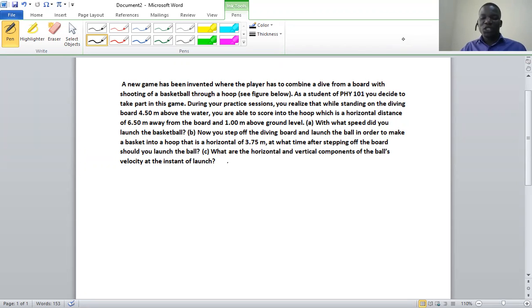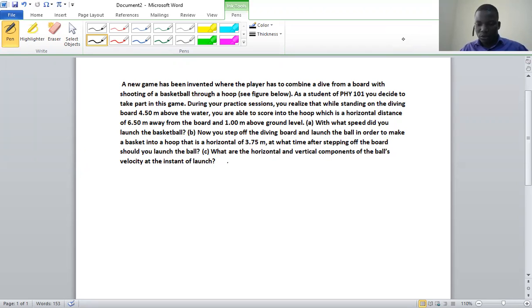Let's solve this question now. A new game has been invented where the player has to combine a dive from a board with shooting of a basketball through a hoop. See the figure below. Unfortunately, I failed to get the diagram. As a student of PHY 101, you decide to take part in this game.